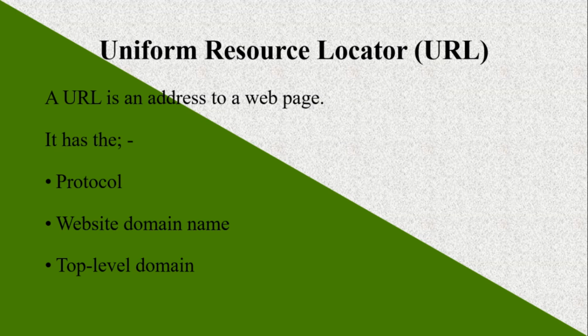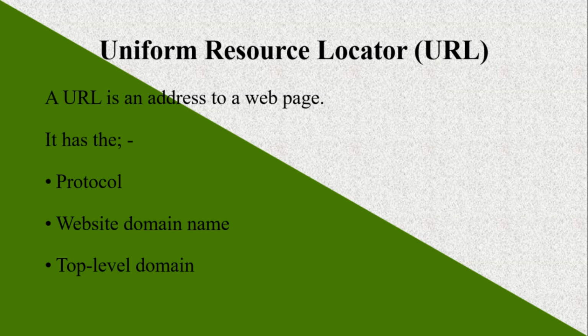So each and every web page must have its own unique address that distinguishes it from the others. That is why different people can access different web pages at the same time, and different people can access the same web page at the same time. It is all because each and every web page has its own web address.